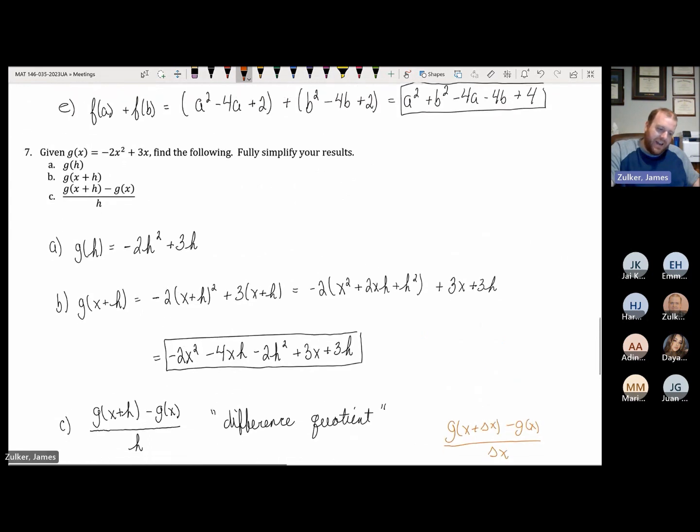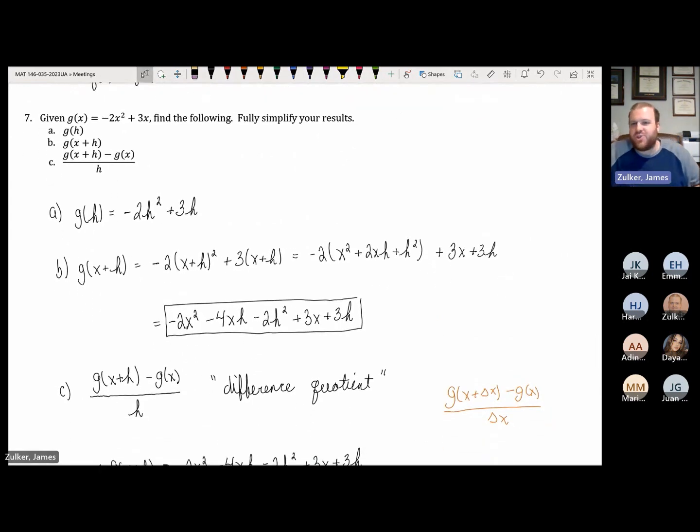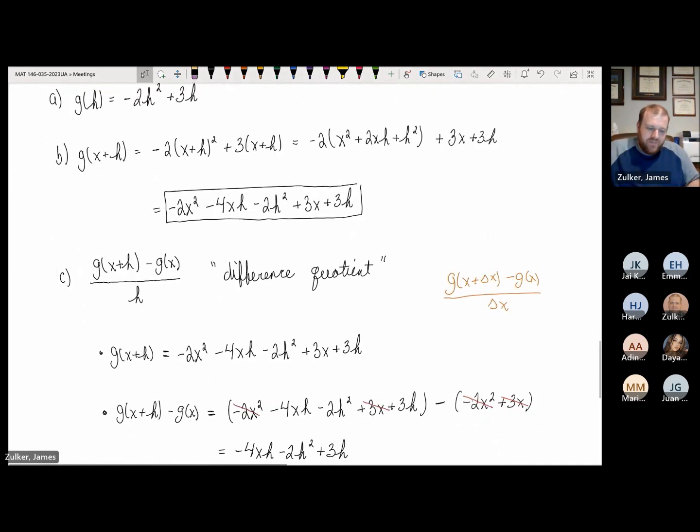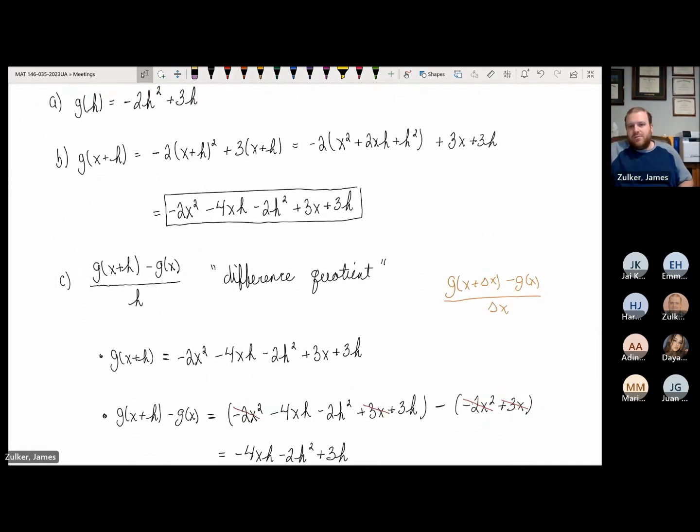So again, if I said up here, instead of g of x, let's say it's g of t, then you just replace x with t. In terms of the h, it is customary to use h. But some texts will use delta x or delta, whatever the independent variable is, right? Delta t. For tests and quizzes, I will always use h in this course.